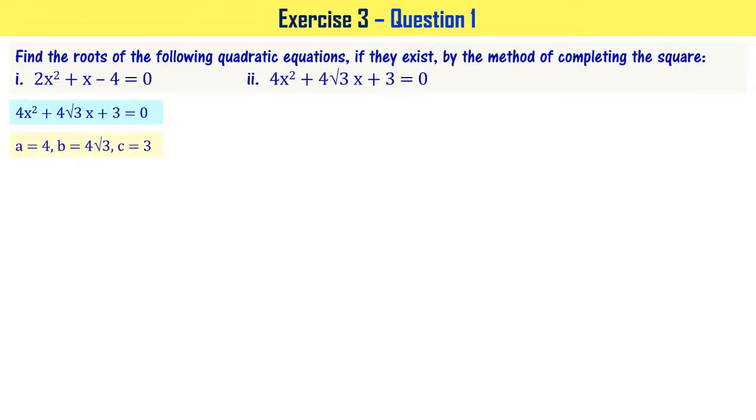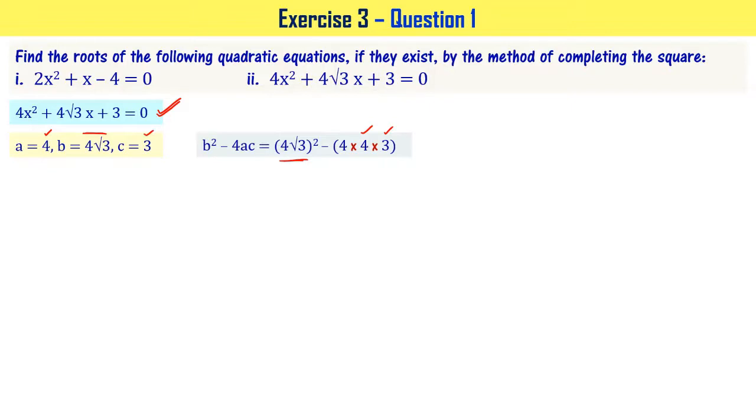When you compare this particular equation with ax square plus bx plus c equal to 0, then you say that a equal to 4, b equal to 4 root 3 and c equal to 3, right? Let's find the value of b square minus 4ac, that is 4 root 3 whole square minus 4 times 4 times 3. This is a, this is c, right?